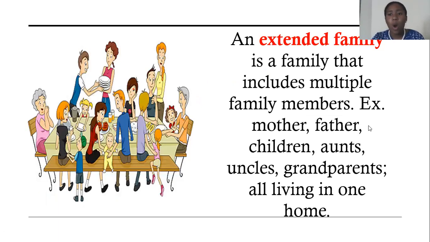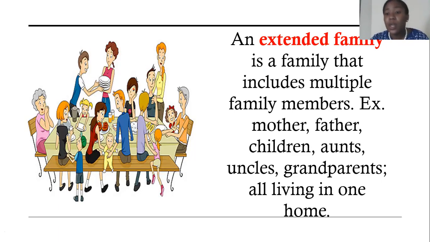Let's look at this. Ooh, this is a lot of people in this family, right? Look at all these people at the dinner table. This family is called an extended family. And it's called an extended family because this family has multiple family members, okay? All of the people in your family are called family members. But this family has a lot of different types of family members.